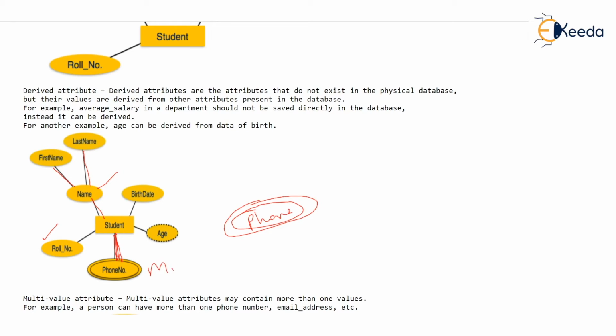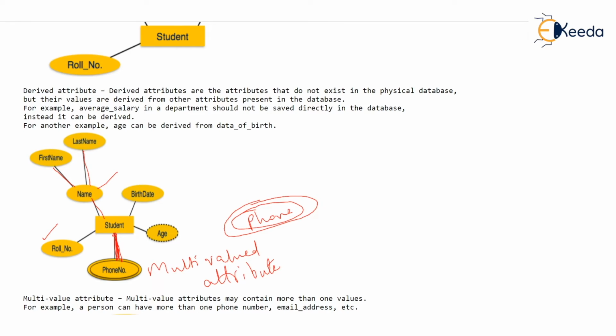So this is actually a multi-valued attribute. A single student can have two or three phone numbers. Possibly a student might have exactly one phone number, but it might be that a student has three phone numbers. So this is a multi-valued attribute and it is shown as a double ellipse.